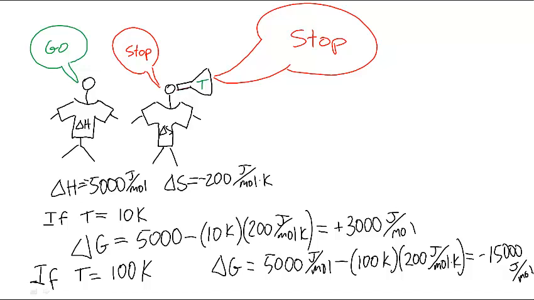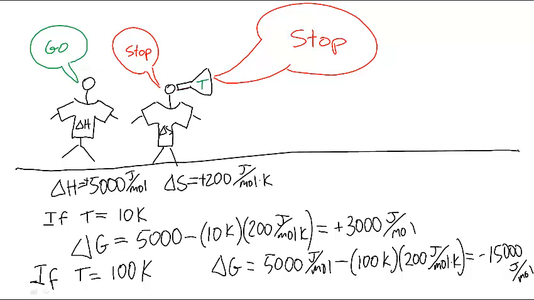Delta H and delta S have stayed the same, but temperature got bigger, so delta S's voice got louder. Oh, sorry, I forgot my negative sign there. Yeah, we'll have them both be positive. That is why delta G depends on temperature, even though delta H and delta S do not.